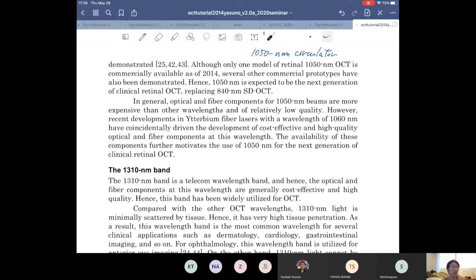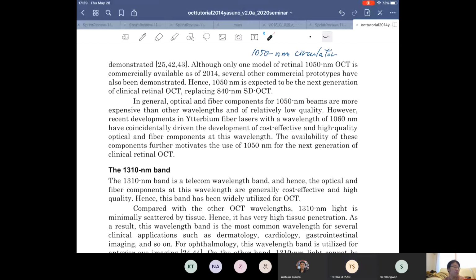In the case of OCT, the light is broadband. So the 1050 nanometer band is something like 1060 nanometer. It's only a 10 nanometer difference, and that is still in the range of the bandwidth of our light source. So 1050 nanometer band components surely can be utilized for our purpose.